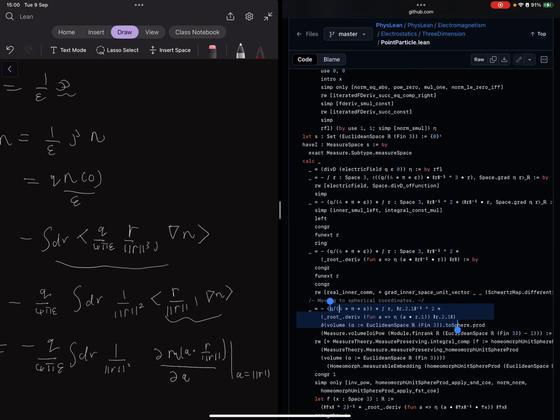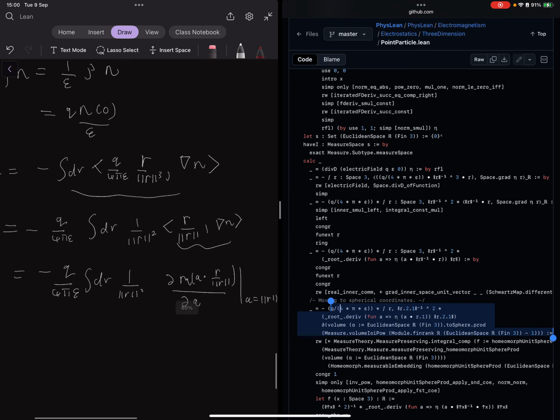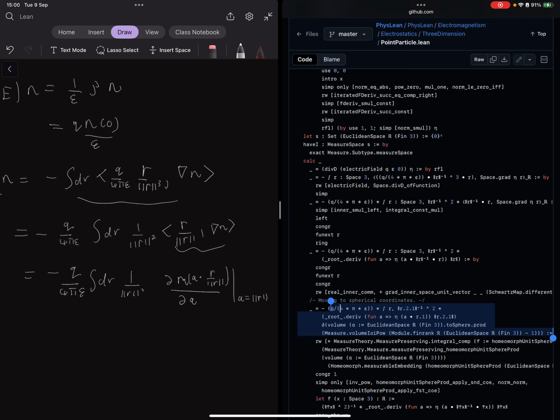Coming down to this thing here, we now want to write this in terms of spherical coordinates. Really I'm going to put an r cubed here to indicate that here we're integrating over all of 3D space. But now I'm just going to integrate over the radius and the sphere.